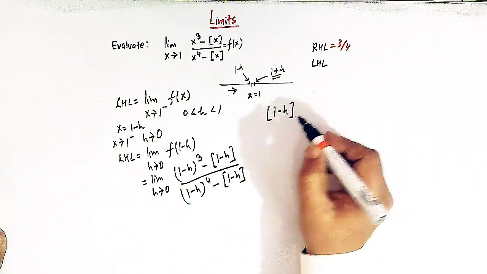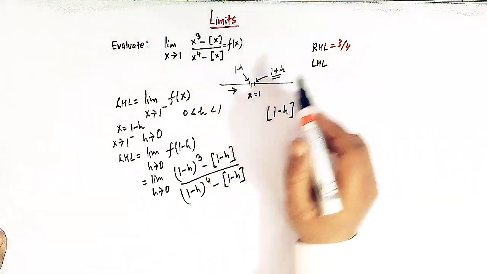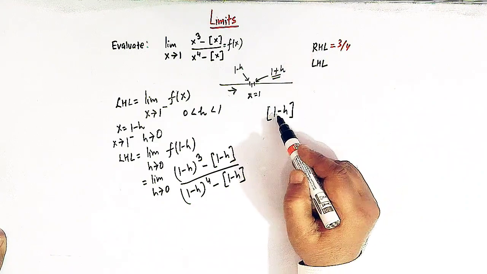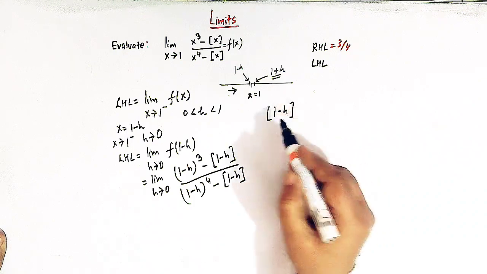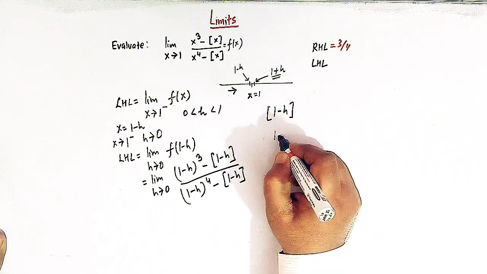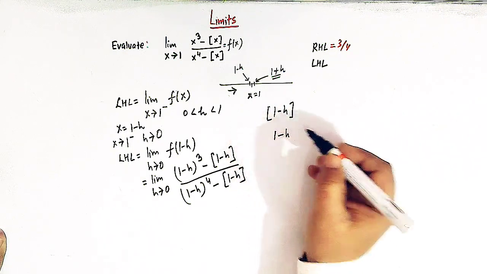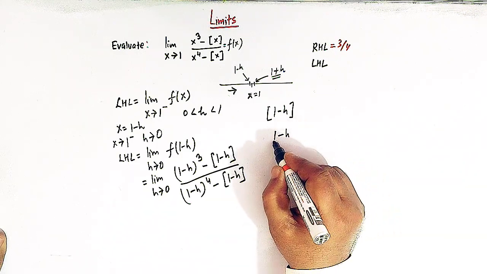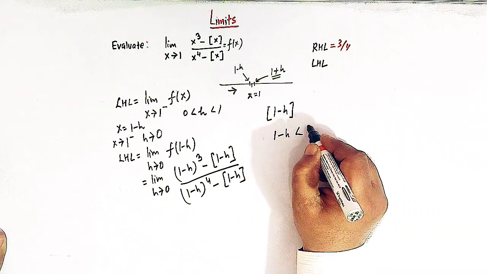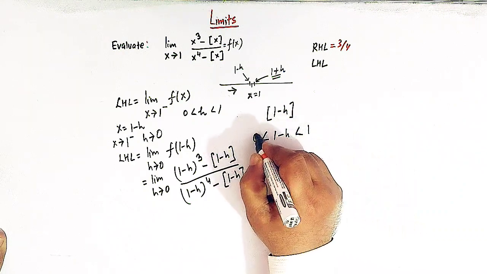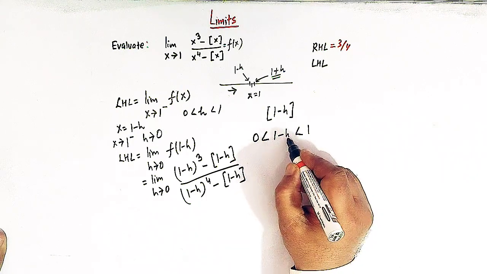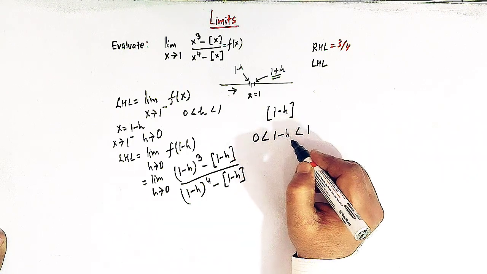Now see, when we calculated the right hand limit, we had 1 plus h. Here we have 1 minus h. So when we subtract h from 1, this expression 1 minus h is slightly less than 1, but it is greater than 0, because h is less than 1, so 1 minus h remains a positive quantity.